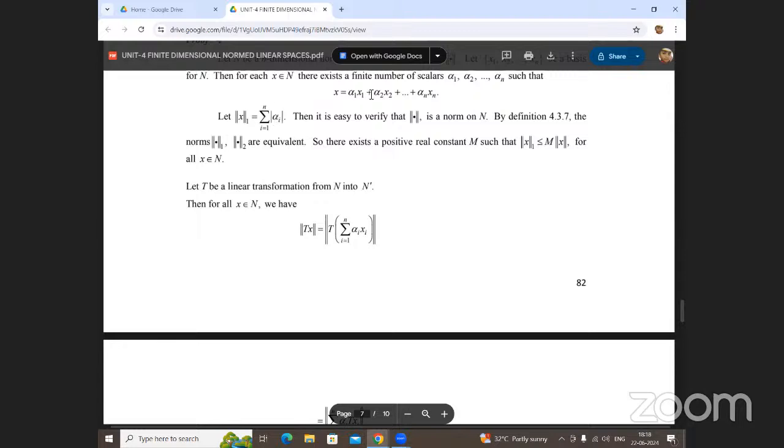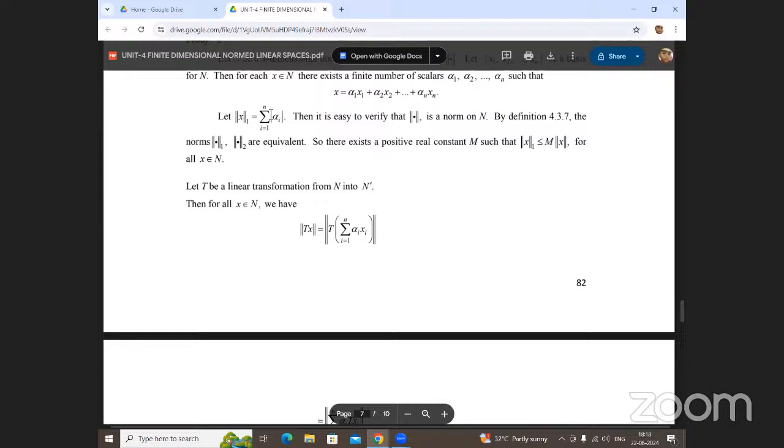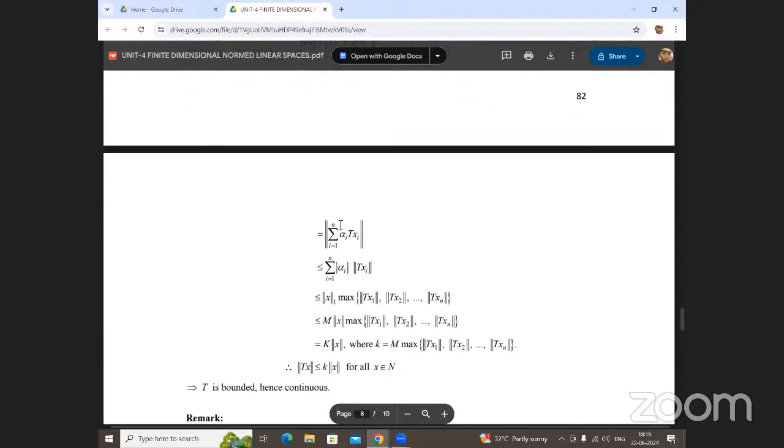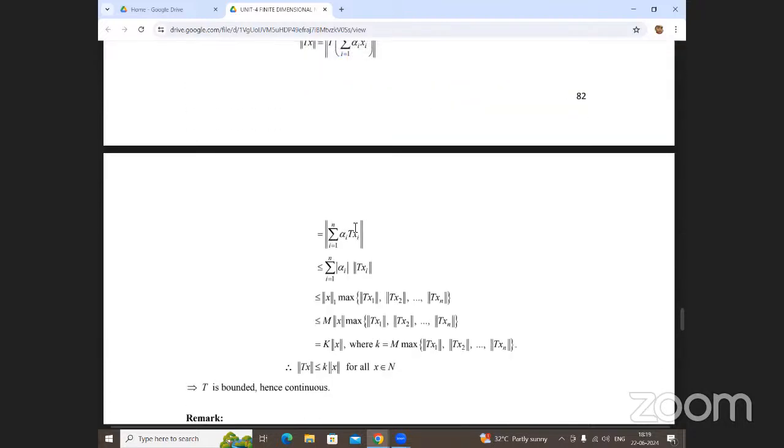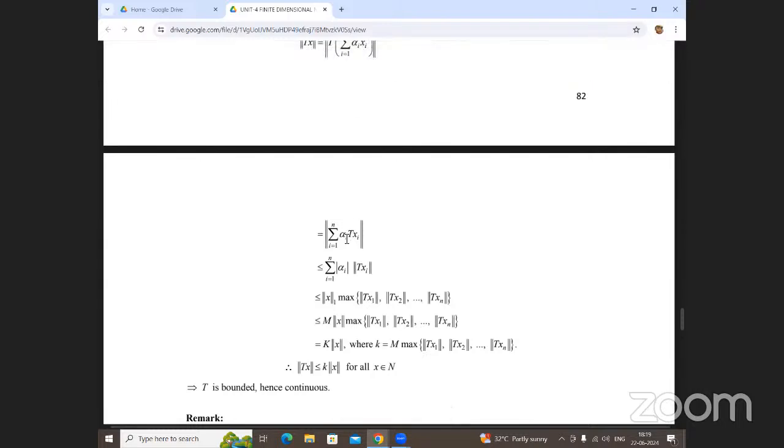It should be summation of mod alpha i xi, applying the transformation on both sides. Since alpha is a scalar, we get summation mod alpha i times mod Txi.